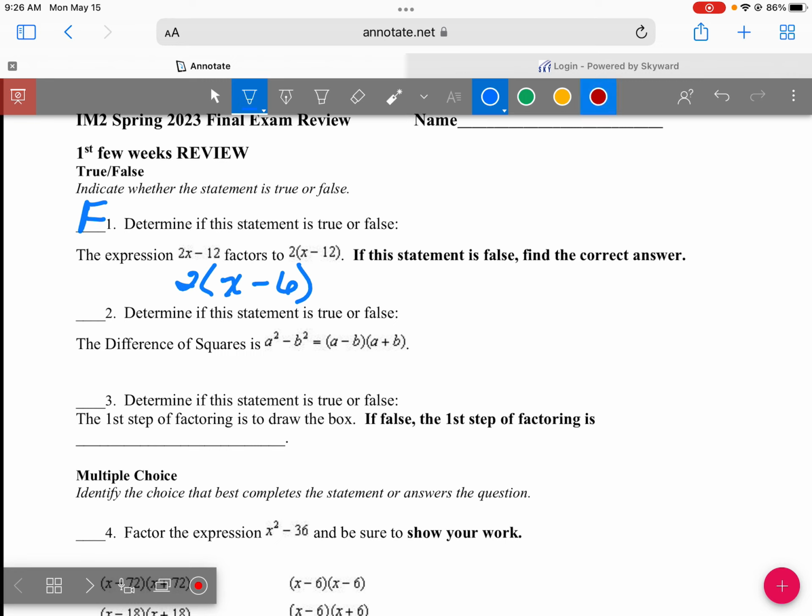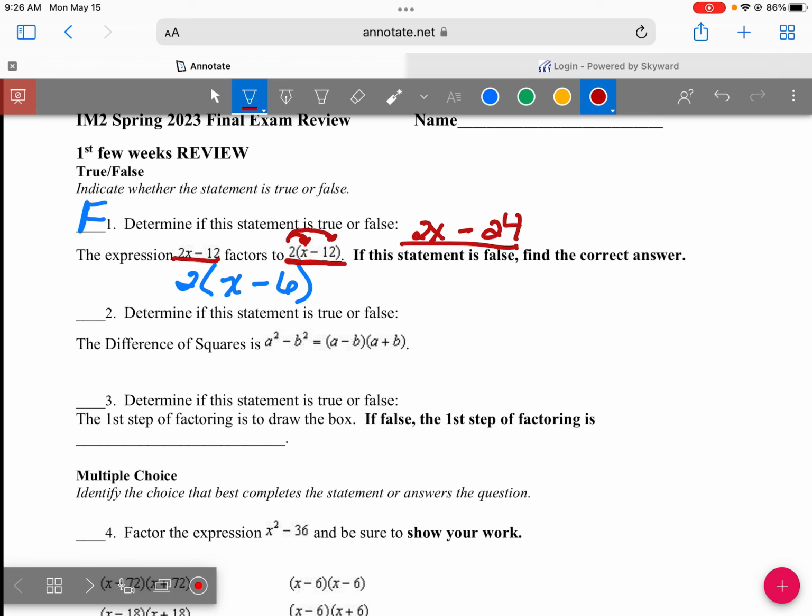Well, let's look over here, because if this was like that, I could distribute, right? And when I distribute, I get 2 on the outside times x, which is 2x, minus 2 times 12, which is 24. And that definitely is not the same as this, so it's definitely false.